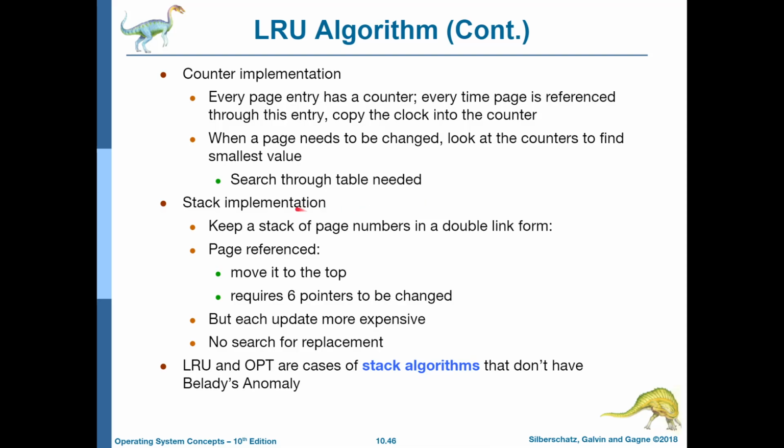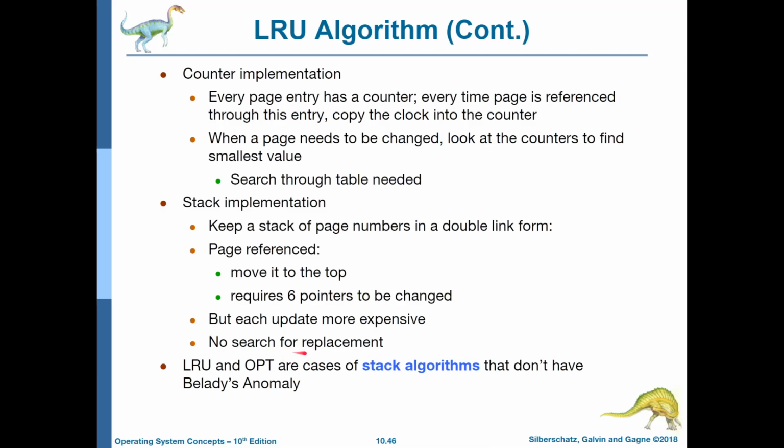inefficient. We can use a stack. Basically, keep a stack of page numbers in a doubly linked list. If a page is referenced, move it to the top. This, of course, would require 6 pointers to change, and because it's a page reference, meaning that an instruction accessed that particular page, this has to be supported by the memory management unit.